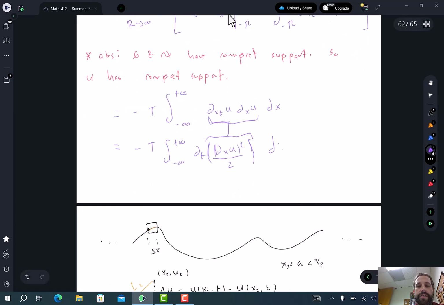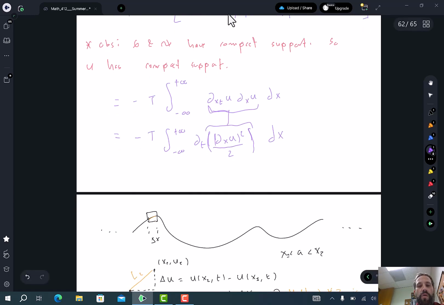And then dx. But now this is equal to minus d/dt. I'm going to factor that 2 out, t over 2 times the integral from minus infinity to positive infinity of the x derivative of u squared dx. But this part is just potential energy.